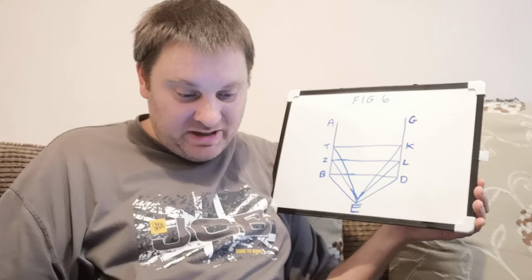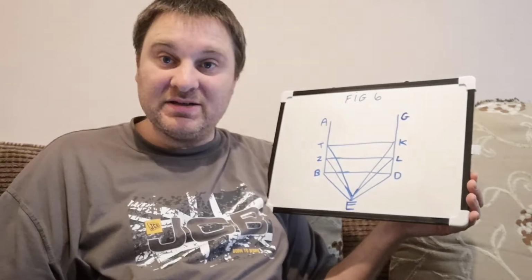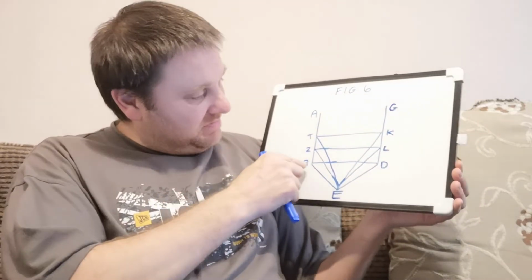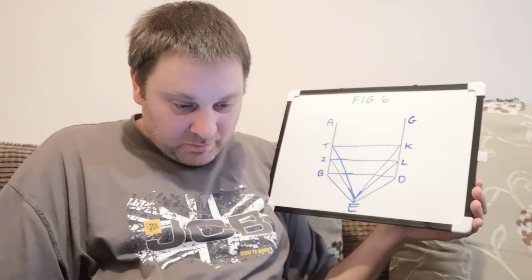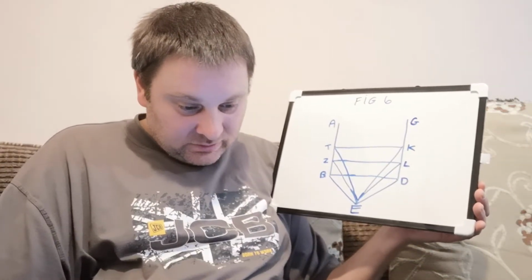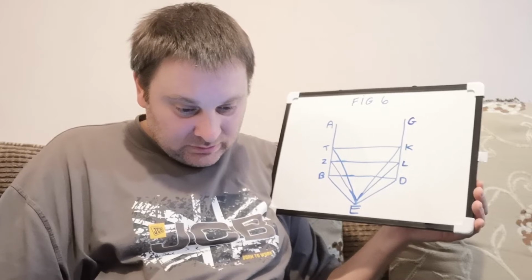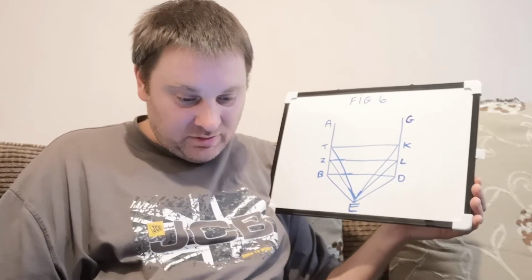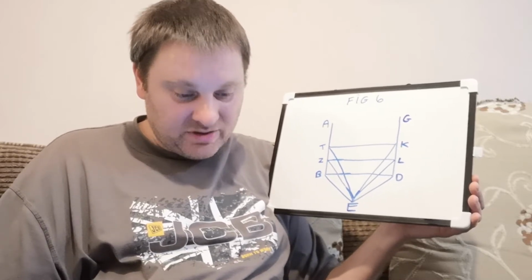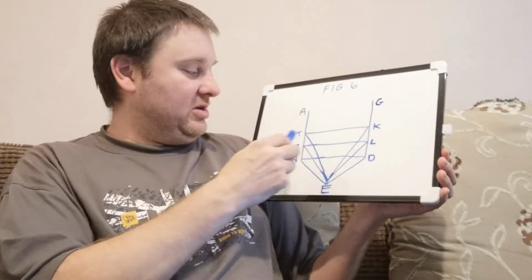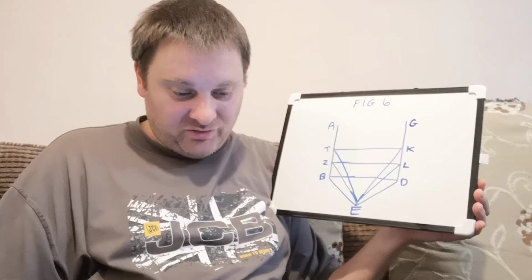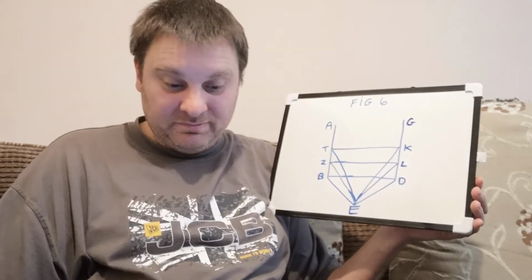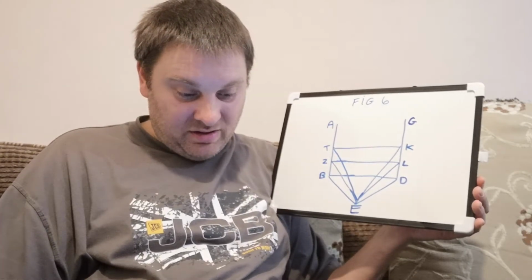So the space BD appears greater than the space ZL. And the space ZL appears greater than the space TK. Therefore, lines equally distant from each other will no longer seem to be parallel, but will seem to be of varying distance apart.